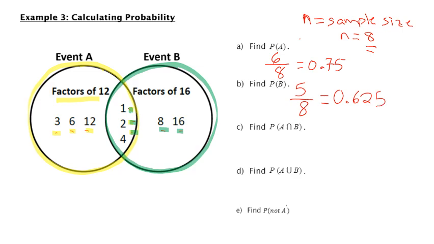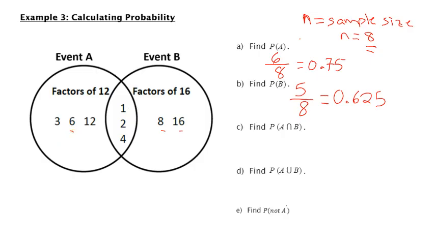For intersection and union, again, same thing. We're using the Venn diagrams here. We're still taking it out of our total possible, which would be 8. So all of these are going to have it be out of a sample size of 8. So the intersection, if you remember from the previous slide, we were focusing on values that fall within both of these circles, right?